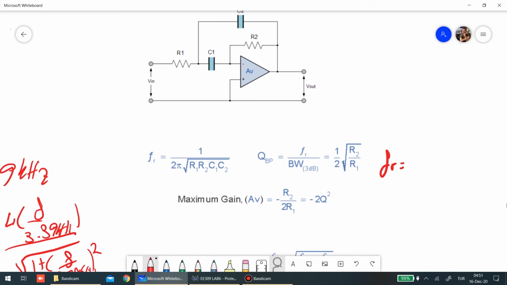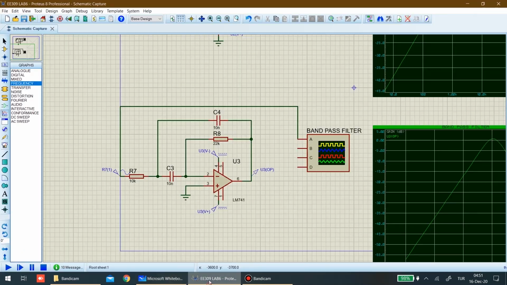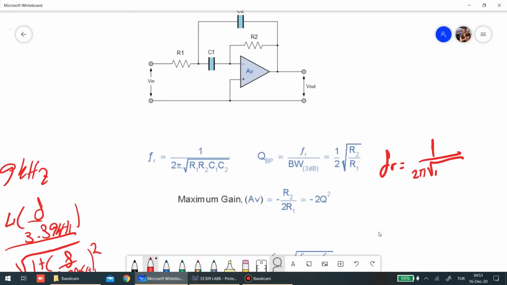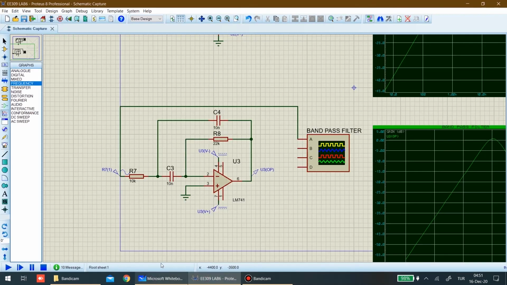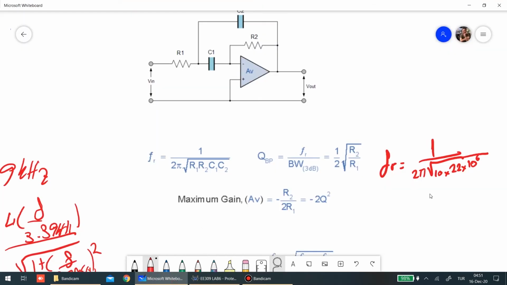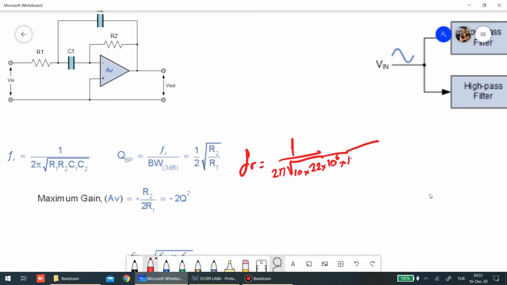Fr is equal to 1 over 2 pi times the square root of 10 times 22 times 10 to the 6 times 10 times 10 times 10 to the minus 9, minus 18.